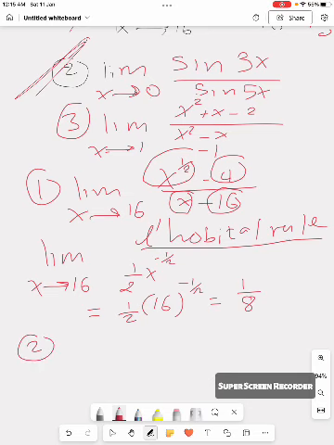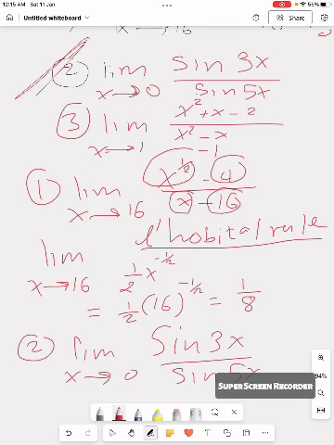So a limit as x approaches 0 of sine 3x over sine 5x. Okay, how do you solve this?